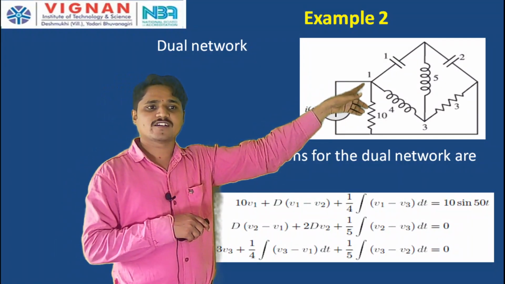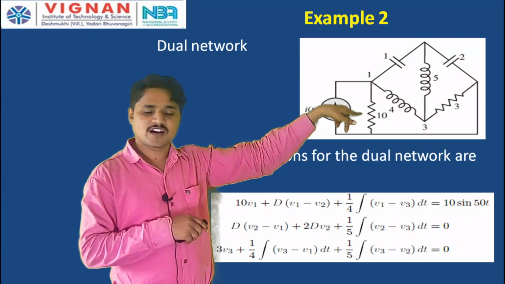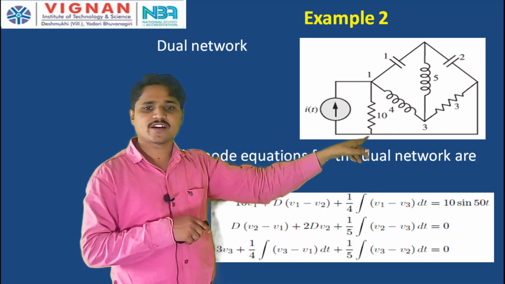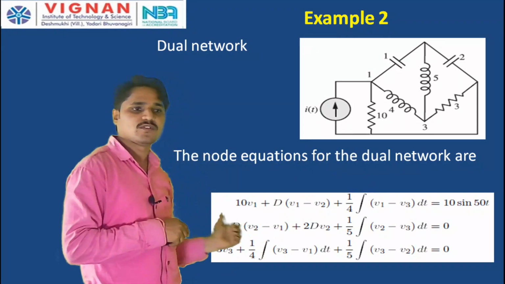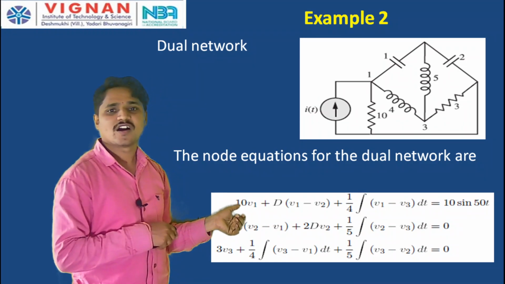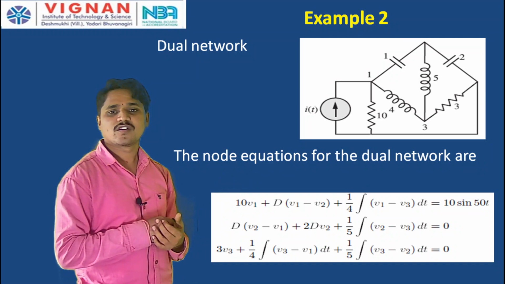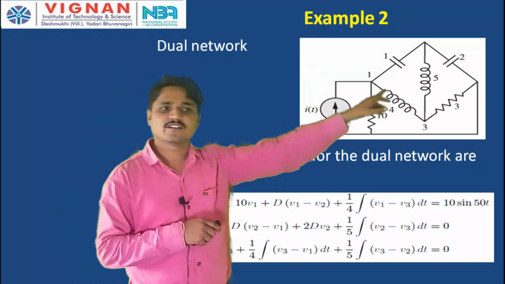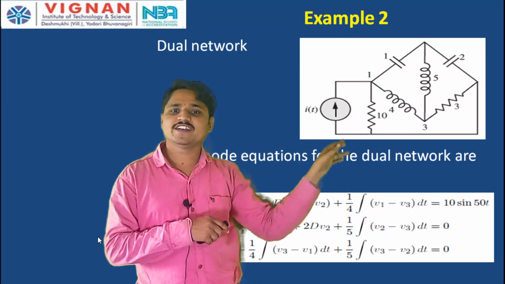This is a conductance of 10, not an inductance or resistance, therefore the current is V1 into 10, that is 10 V1, plus the current flowing through the capacitor, I is equal to C dV/dt.